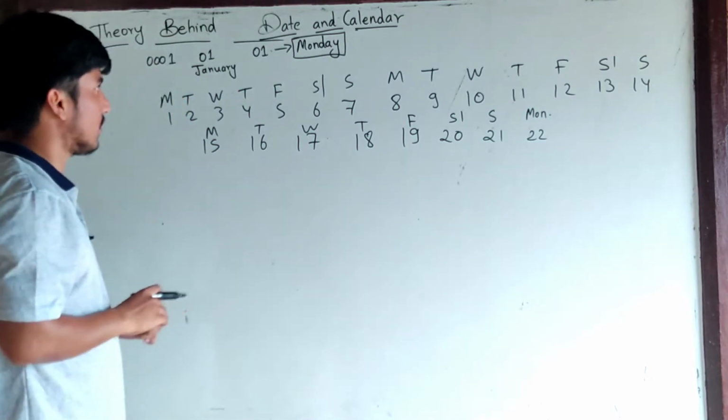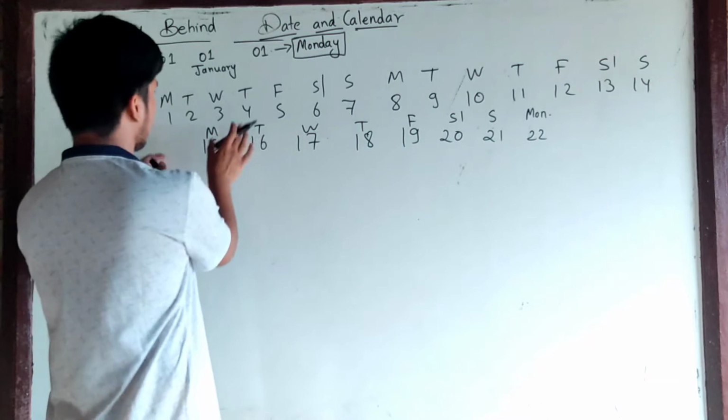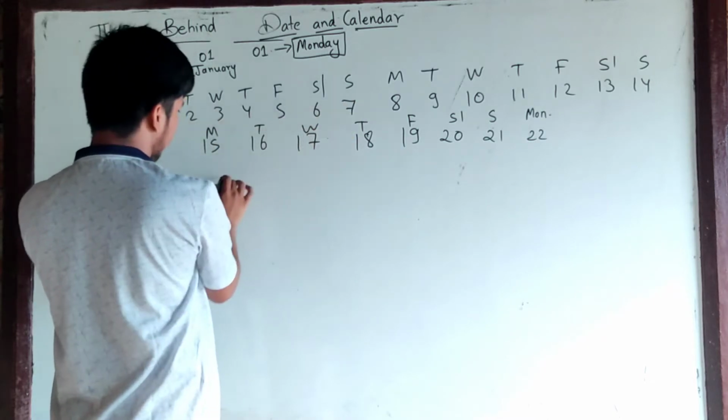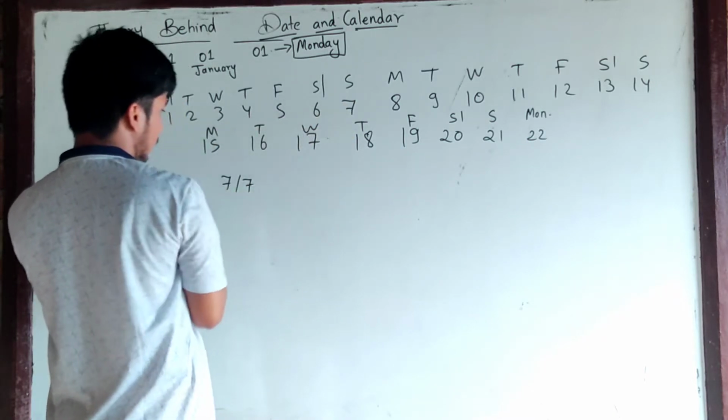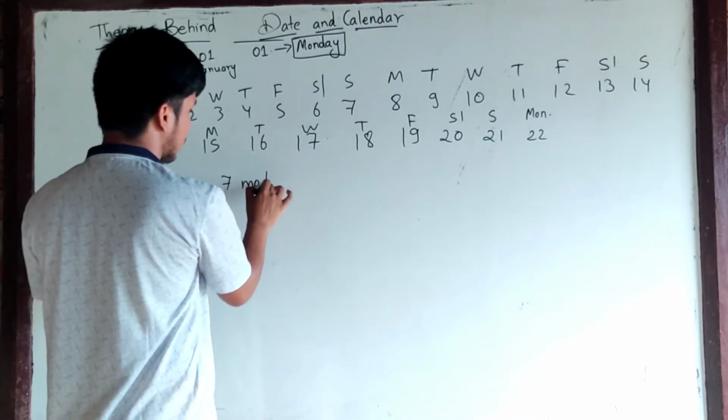Now let's discuss here. If I divide 7 by 7 and keep the remaining part, that is modular division, 7 mod 7.